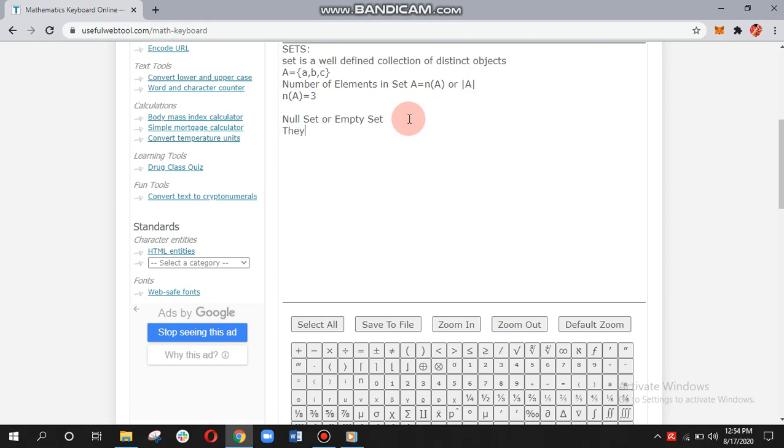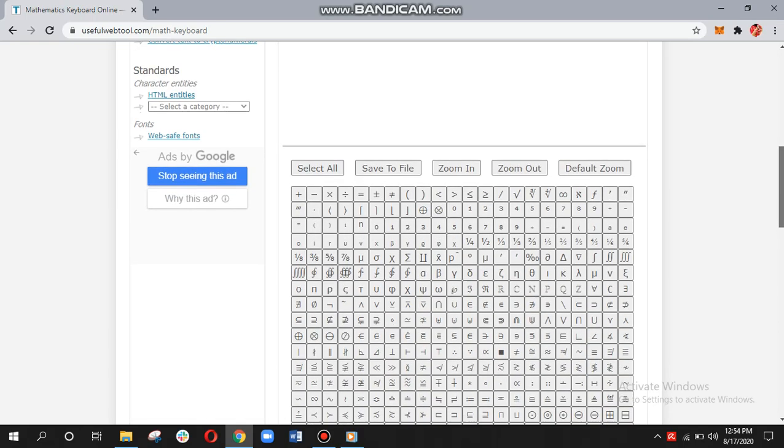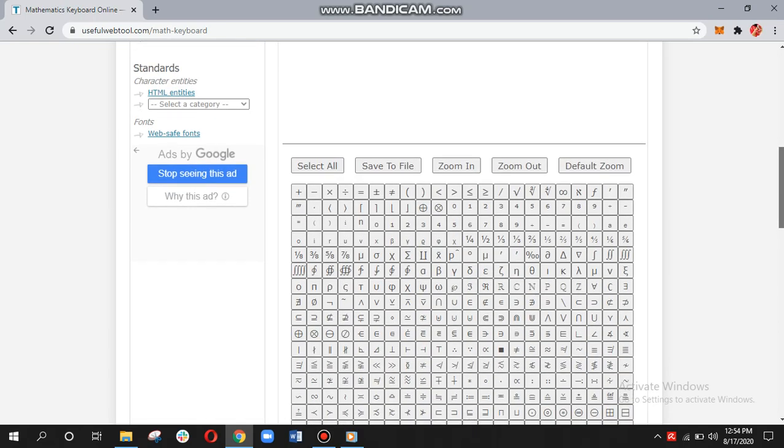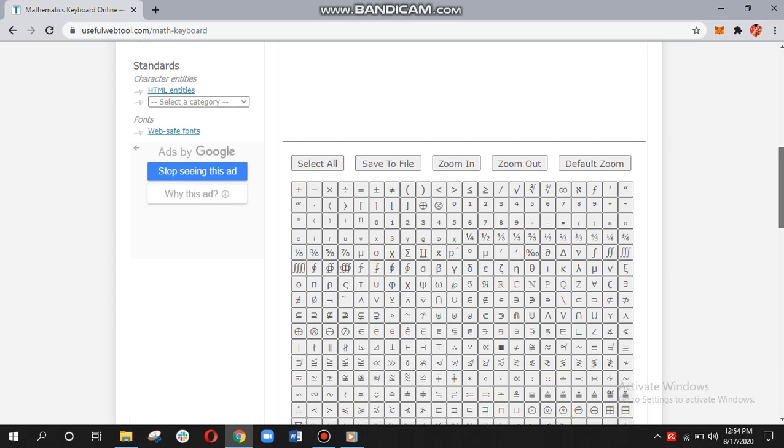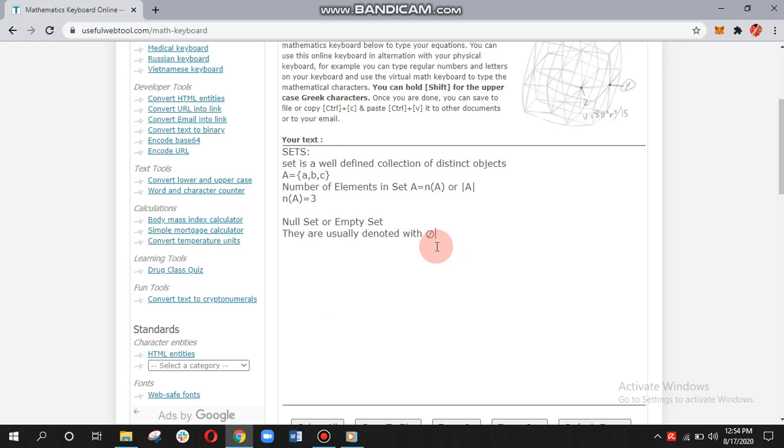They are usually denoted with a phi sign, or simply a curly bracket with no element. Let's have an example.